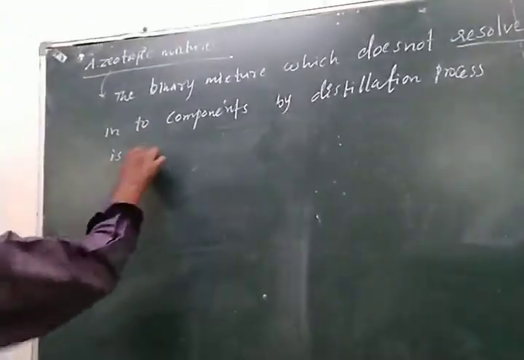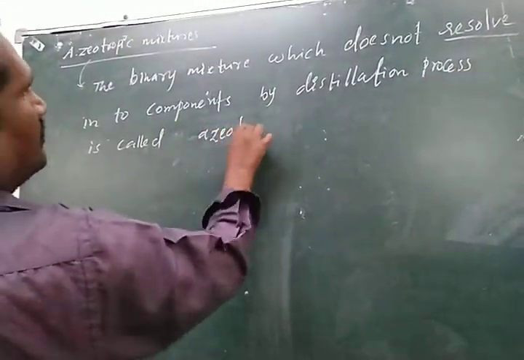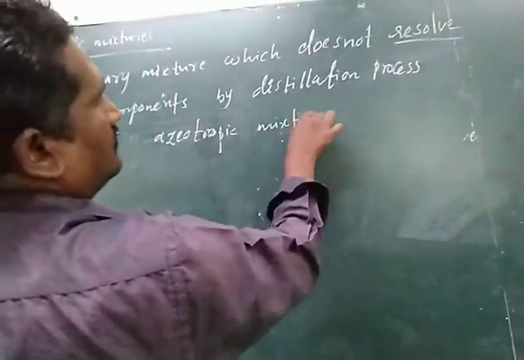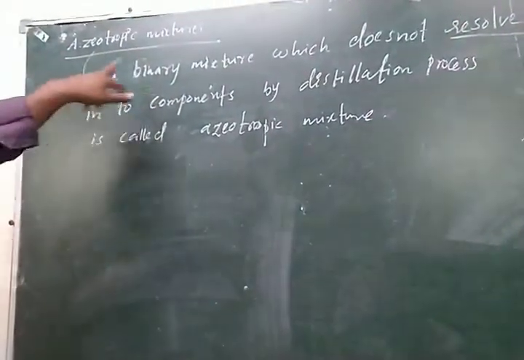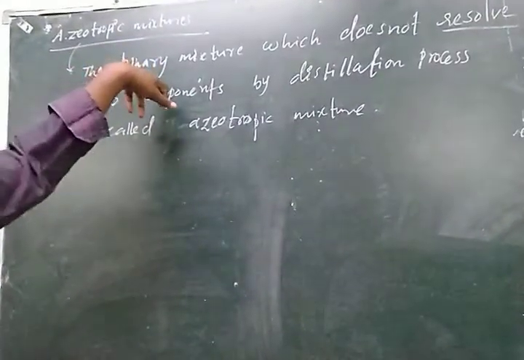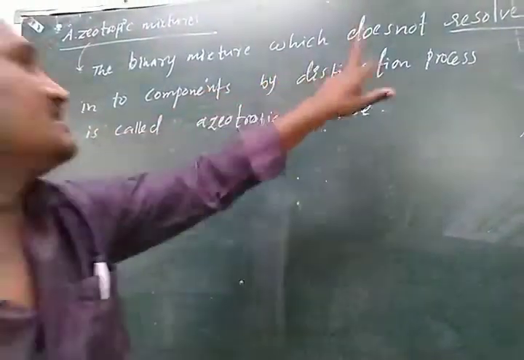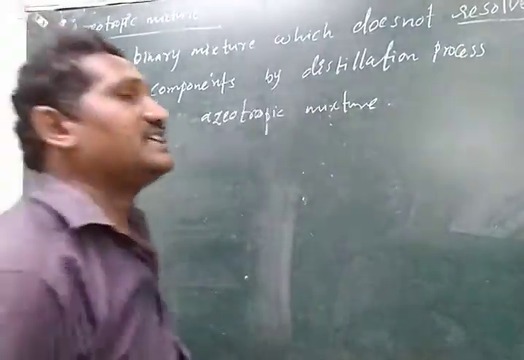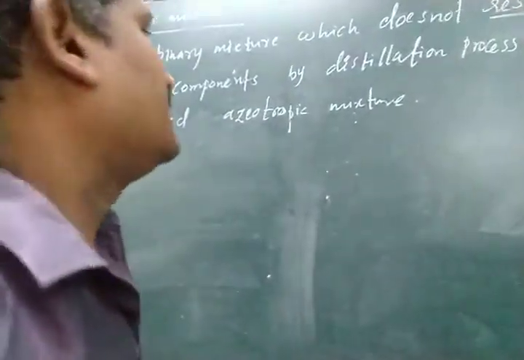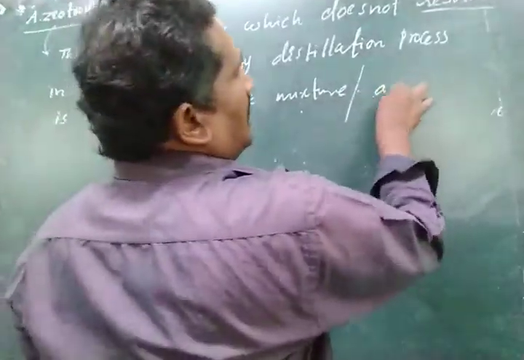Here a binary mixture means the solution is made by mixing two components. Upon distillation, those components will not separate. Resolve means separate. So those mixtures are called azeotropic mixtures, or azeotropes.